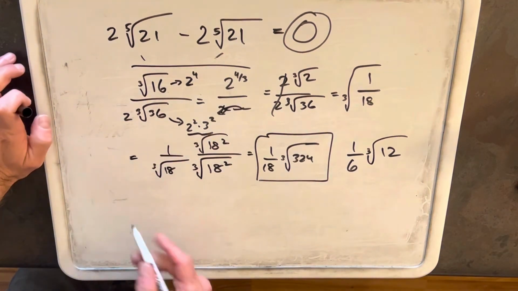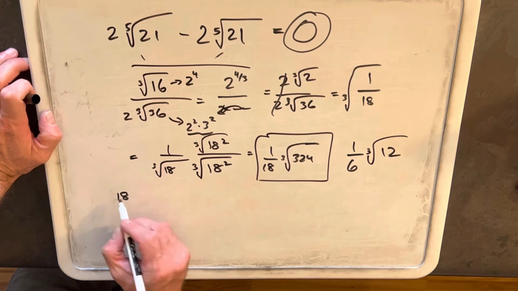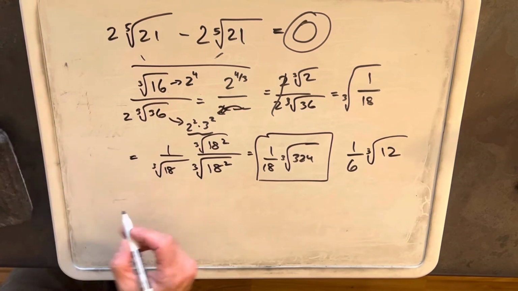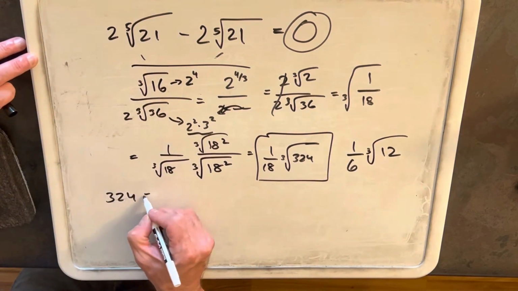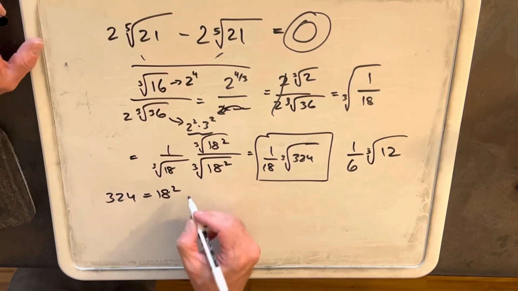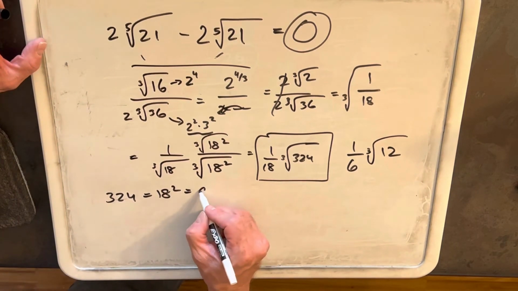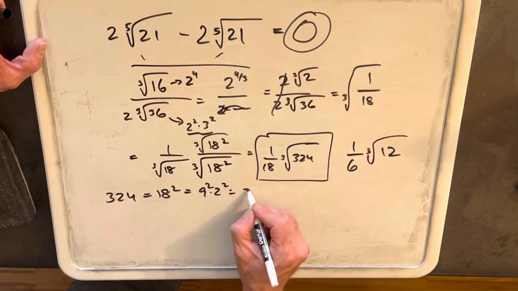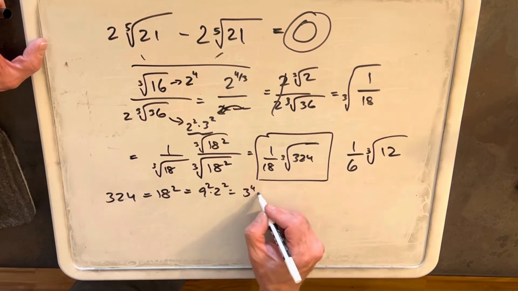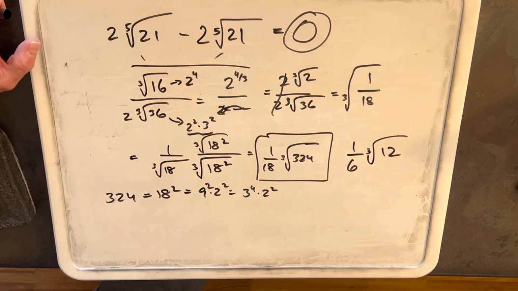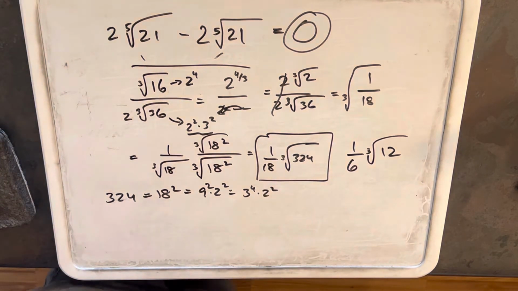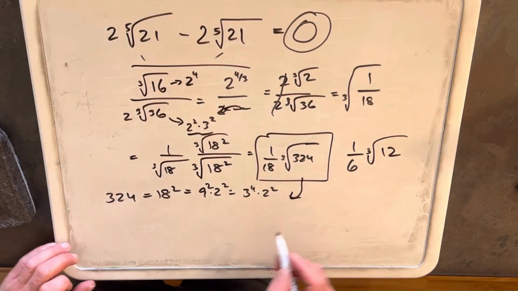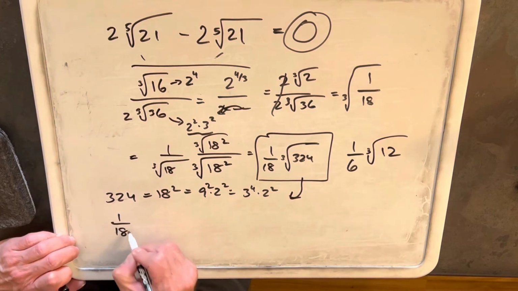Wait, so 324 is 18 squared, which is 9 times 2 squared, which is 3 to the 4th. Oh, that's where they get you. 3 to the 4th inside of a cube. Okay, wait, so let me take this and keep going. So I didn't simplify it enough.